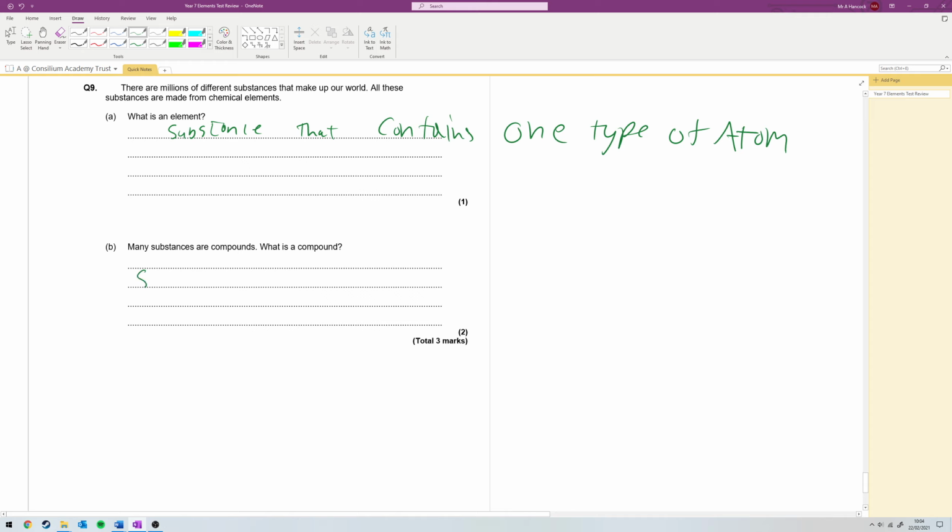So it is a substance that contains two or more different atoms bonded or joined together. I'm going to write bonded because that's the more correct scientific term.